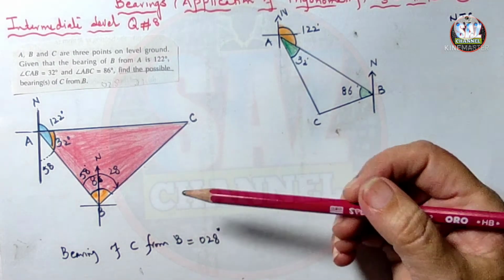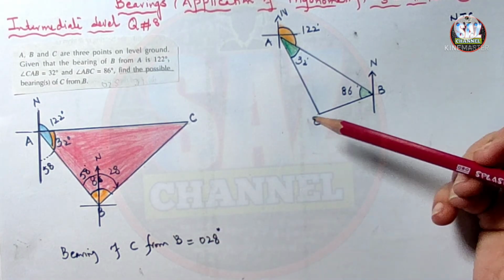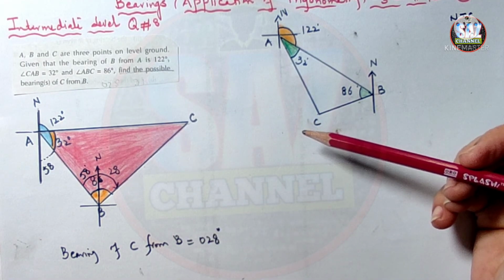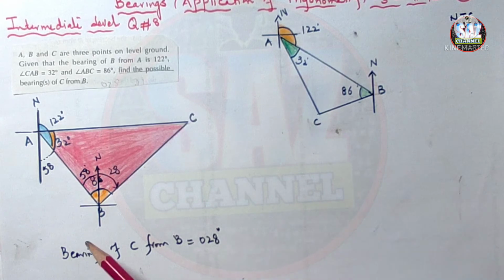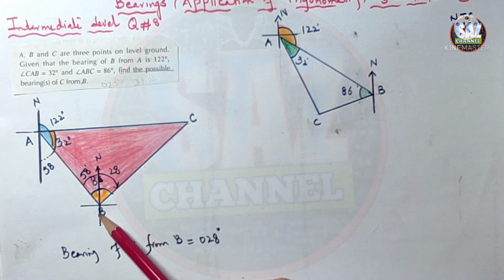Okay, if we look at the diagram and if we read the question, the question says that A, B, C are 3 points on the level ground. They have not fixed the position of any one of the points. Previously we were thinking that B can be at this position.